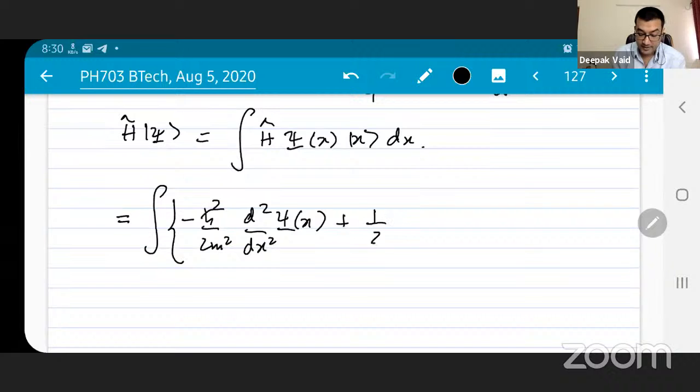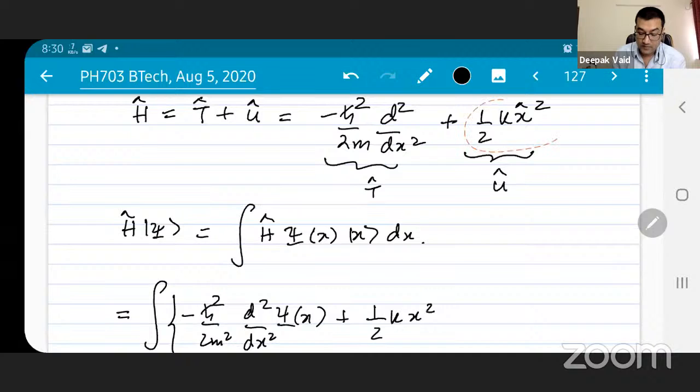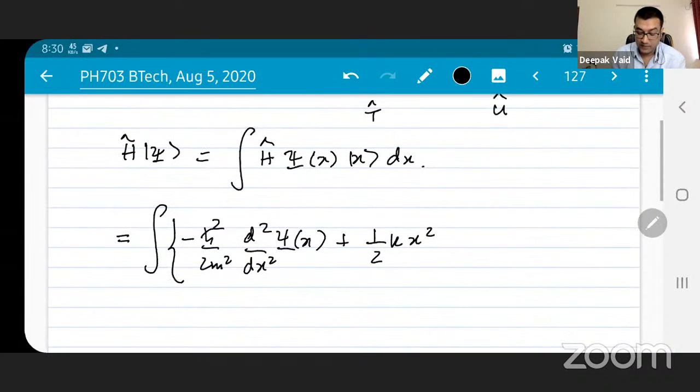This is the kinetic energy term, plus 1/2 k x squared. Why? Because when this operator for the potential energy acts on this expression, I will just get the function of x, 1/2 k x squared, times x dx.